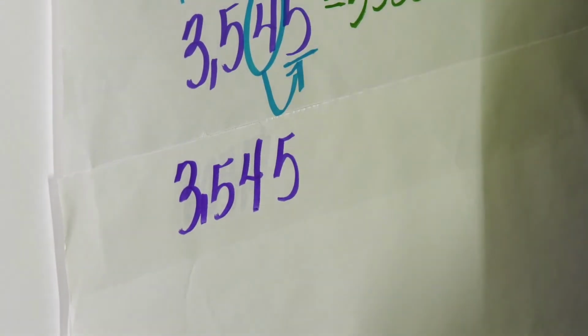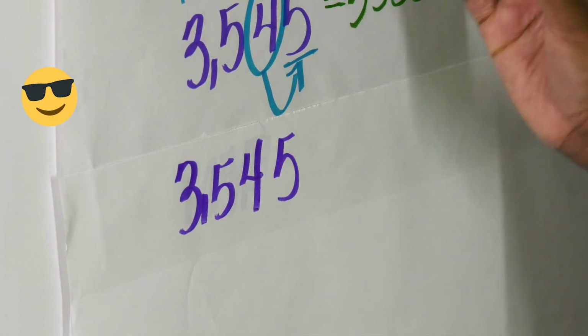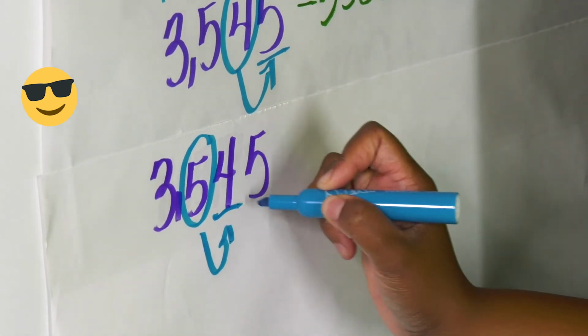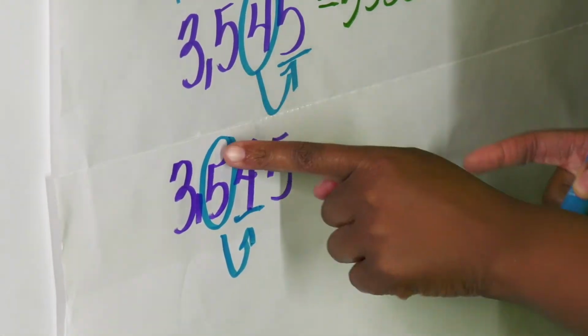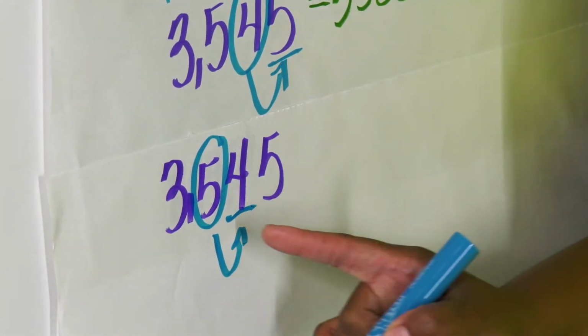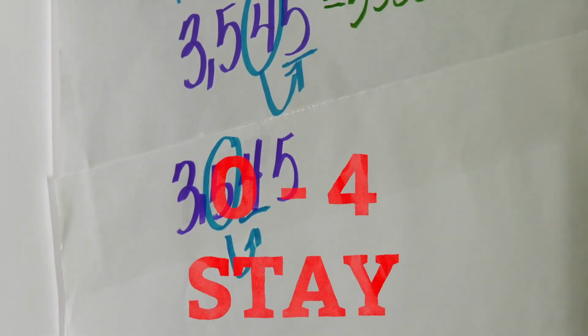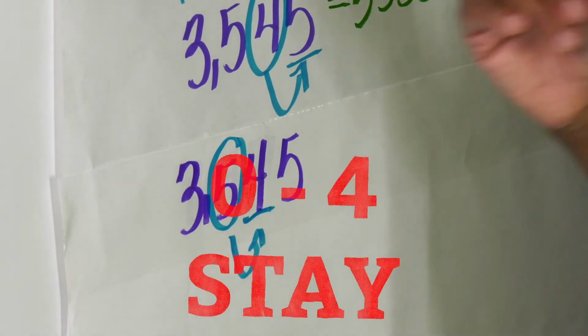H is for 100, so using our wrap, find the place value 100, circle that digit 5, move to the right, underline. The 4 is going to tell us what to get for 5. So remember our rounding triangle, the 4 is on the left hand side. Any number 0 through 4, we're supposed to stay the same.